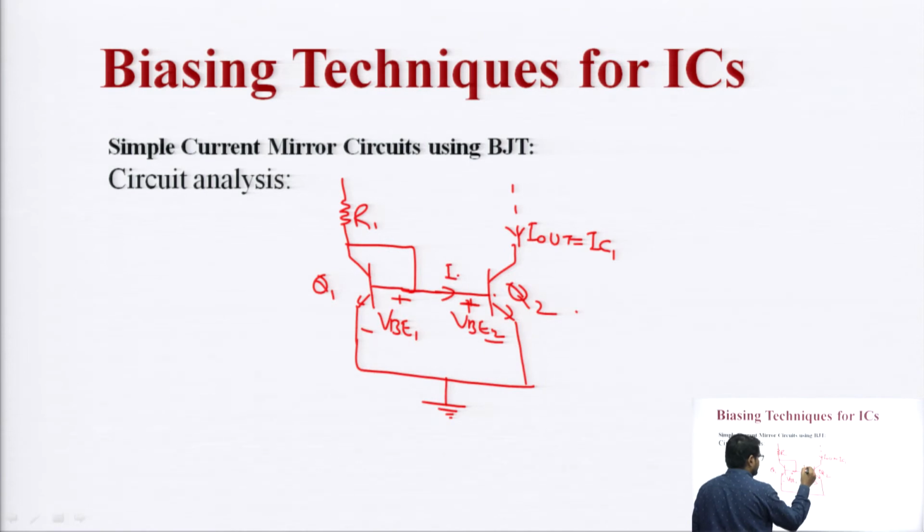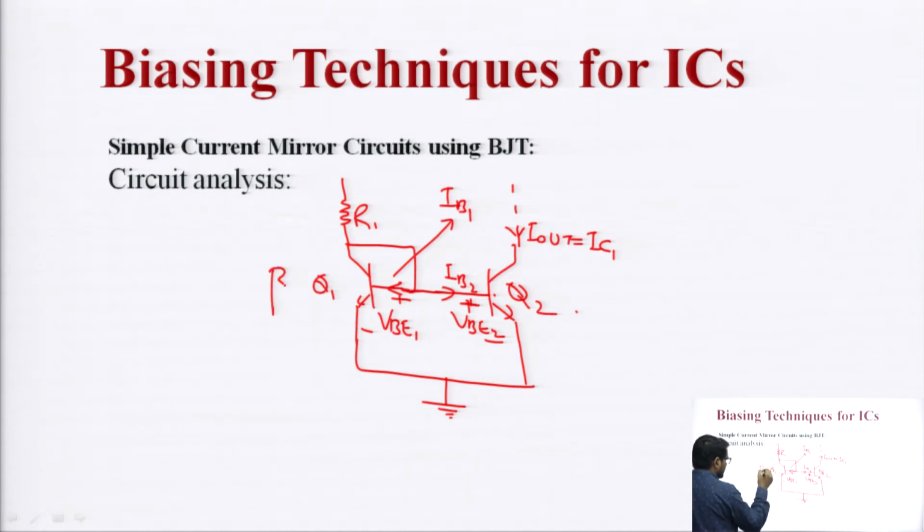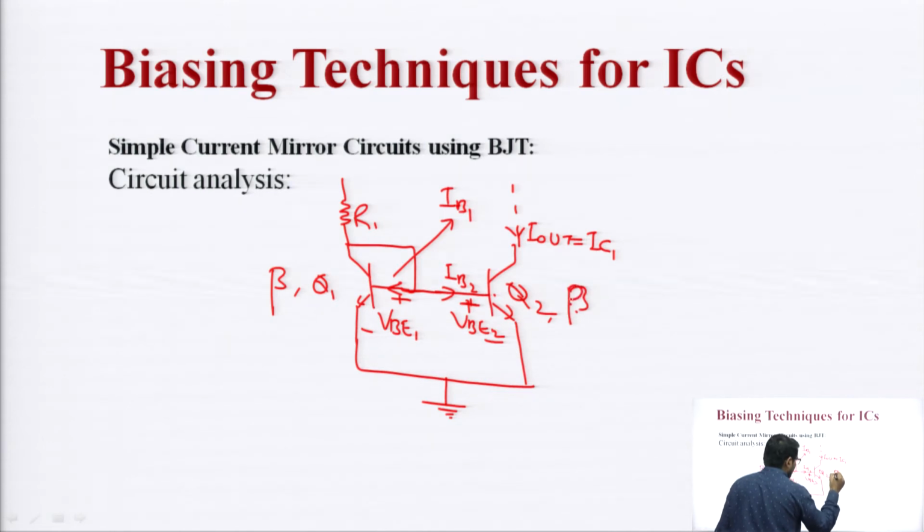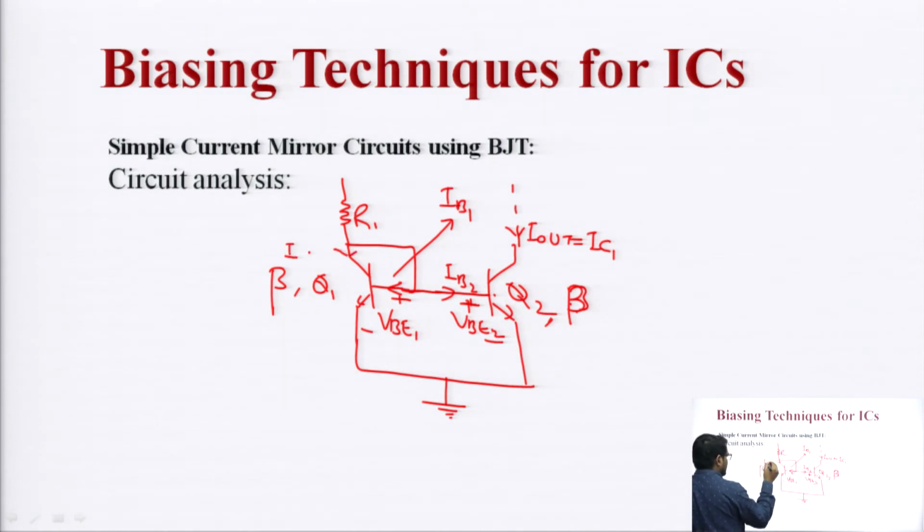Here is IB2, the base current of transistor Q2, and at this point IB1, the base current of transistor Q1. We consider both transistors identical with the same beta value. Let us suppose that both have equal area, equal doping, and equal beta. This is the IC1 collector current, and the current through the resistor R1 is I reference.